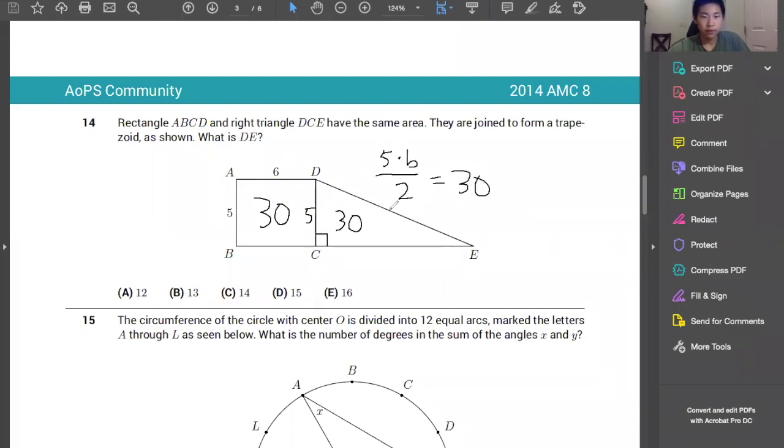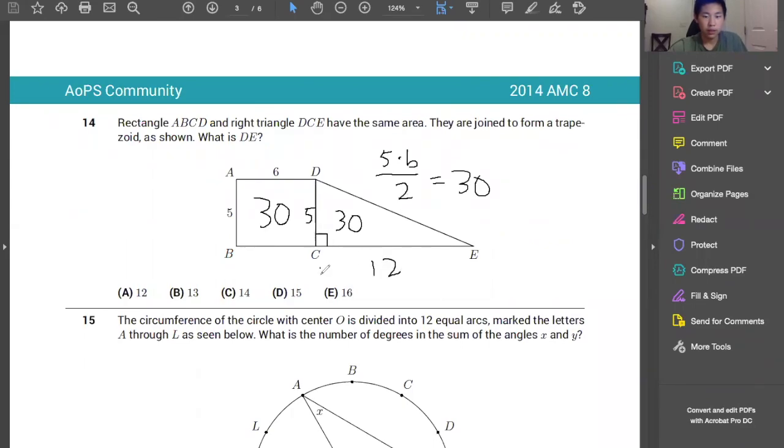That's the area formula for the triangle, and we already know the area is 30. So if we solve, we'll get that the base is 12. 5 times 12 is 60. 60 divided by 2 is 30.